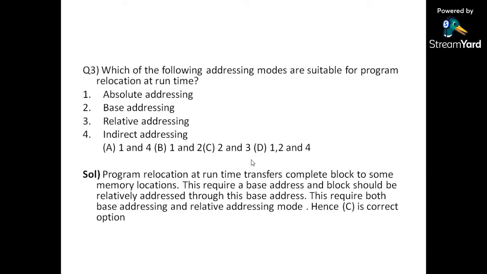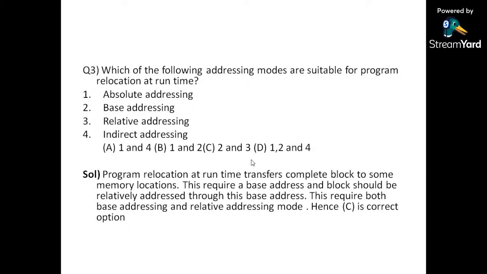Program relocation at runtime means we are copying a block of a program. Suppose a program is of 10 lines, so we are copying that program from one memory location and storing it at some other memory location, and then we need to run that program. Whenever we store a program at any particular memory location, the lines of the program are stored at successive locations.